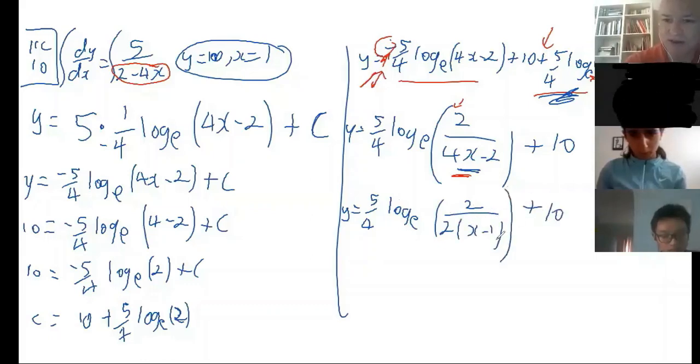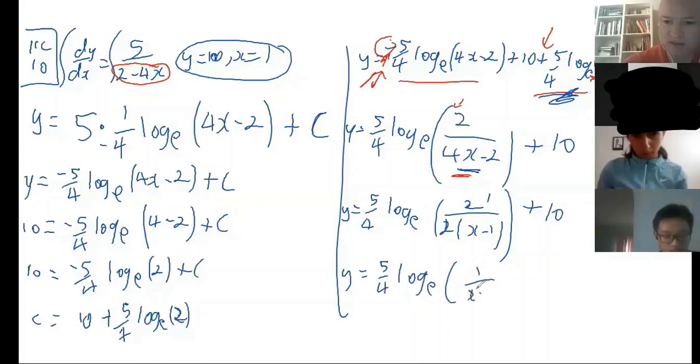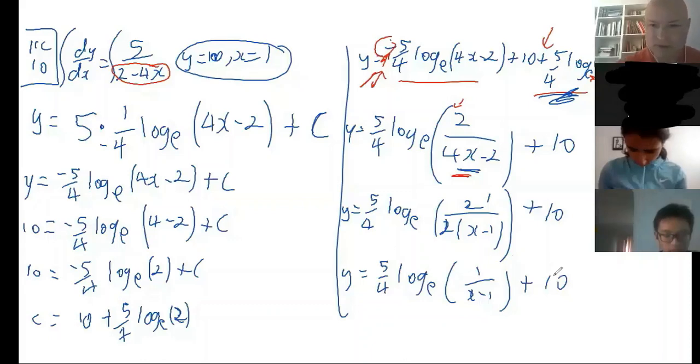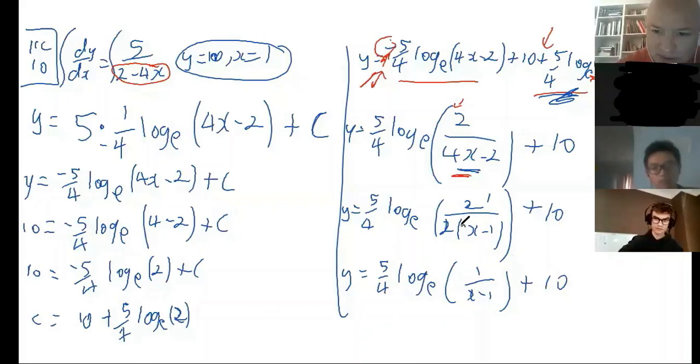The 2's will cancel. So my final answer is y equals 5 on 4 log e of 1 divided by x minus 1 plus 10. Oops, that should be a 2 in there. There we go. How's that? Sorry, I missed my 2x. Someone was about to point that out, weren't they?